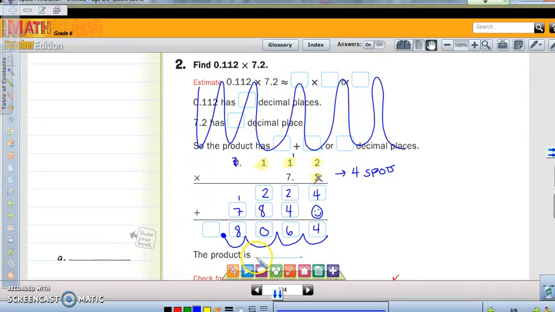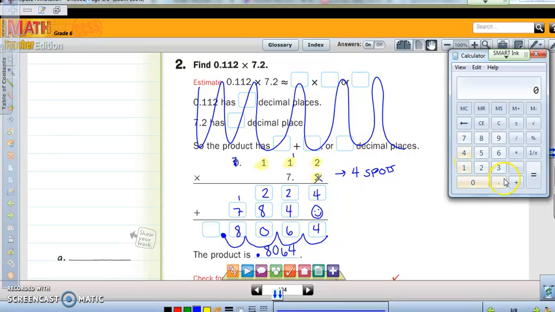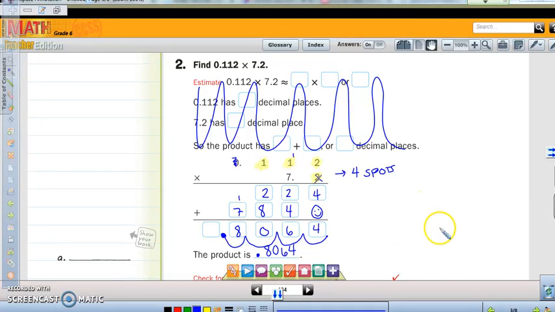And I rewrite it as 0.8064. And I again want to check with my calculator like we did before. So it was 0.112 times 7.2. And I get 0.8064.